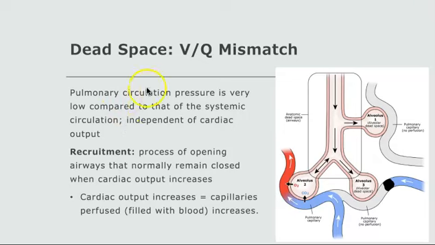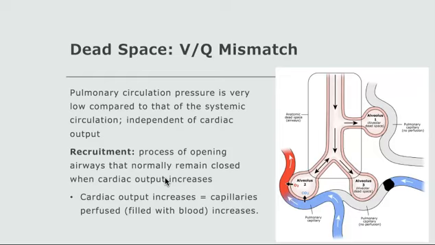So the reason the pressure is low in pulmonary circulation is because we're really just pumping blood out to one organ, the lungs. Whereas with systemic circulation, we need more pressure to push that blood out to all of the different systems of our body. So our body goes through recruitment, which is the process of opening airways that normally remain closed when cardiac output increases. So think about when we are exercising, we are going to increase cardiac output.